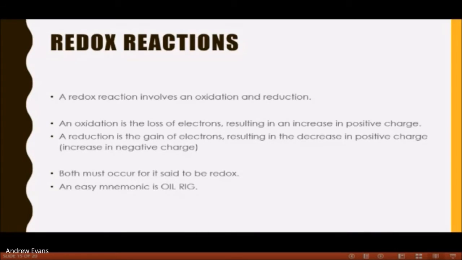An oxidation is defined as a loss of electrons, which increases the positive charge. A reduction, on the other hand, is a gain in electrons, which makes it less positive or more negative. We have reduced the charge.